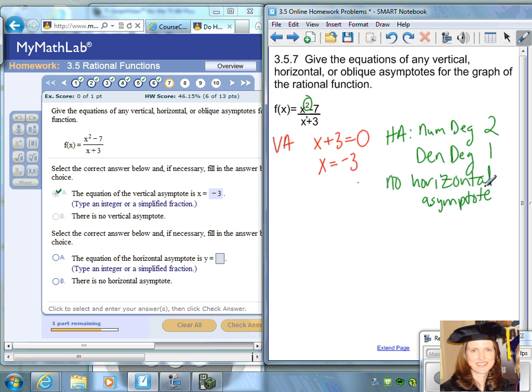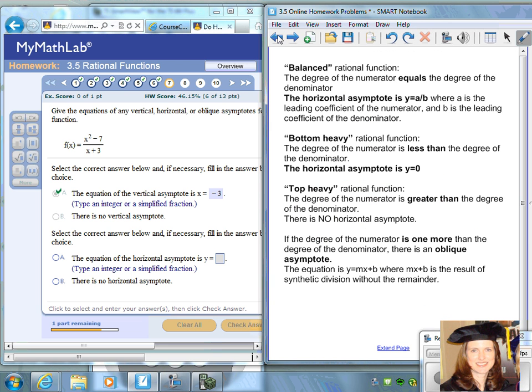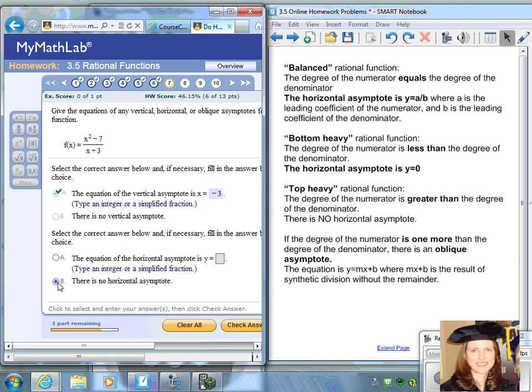You can refer back to the notes, let me go back a few pages and show you. Top-heavy, the rational function, the degree of the numerator is greater than the degree of the denominator, so there's no horizontal asymptote. However, there is going to be an oblique asymptote.